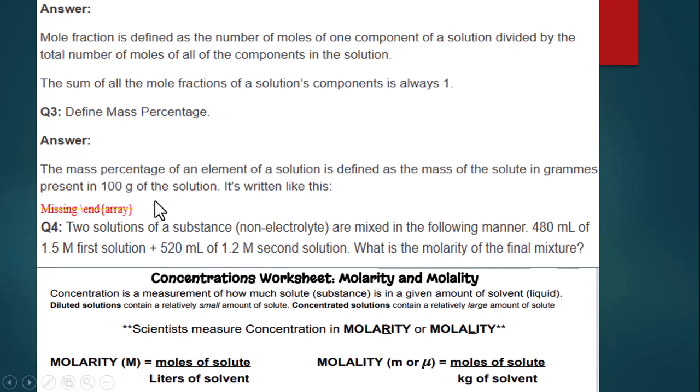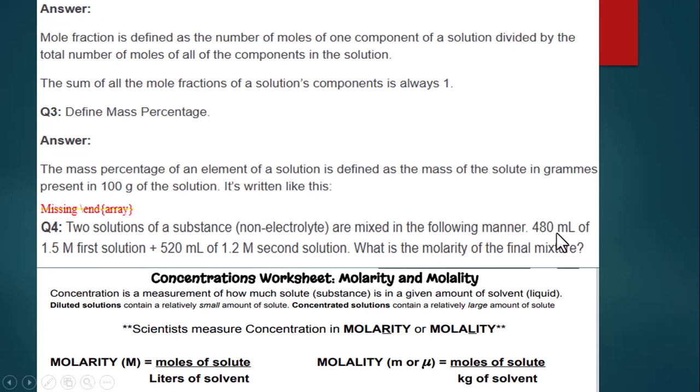So you can have the mass of a solute, you divide that by 100 gram, multiply by 100, and it will give you the mass percentage of the solute that was dissolved inside of a solvent that formed the solution. And it is written like this. So okay, that's fine. Question 4, 2 solutions of a substance non-electrolyte are mixed in the following manner.